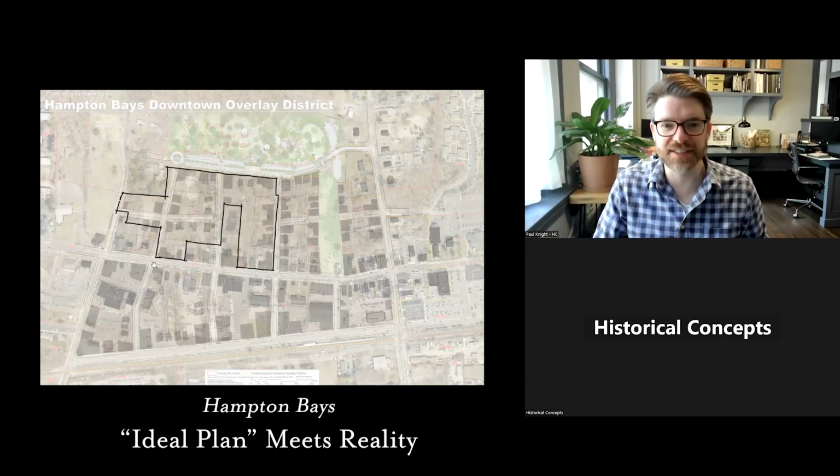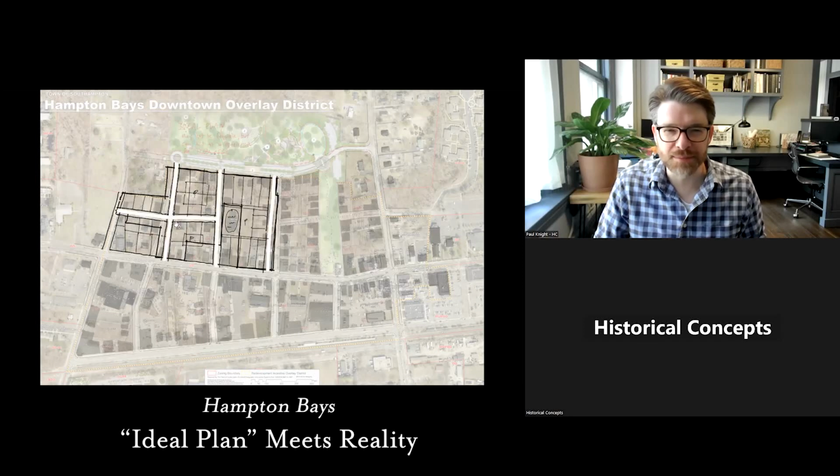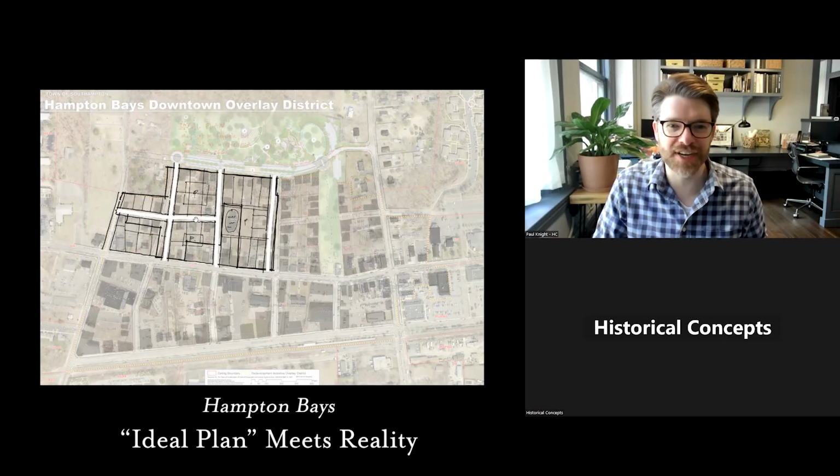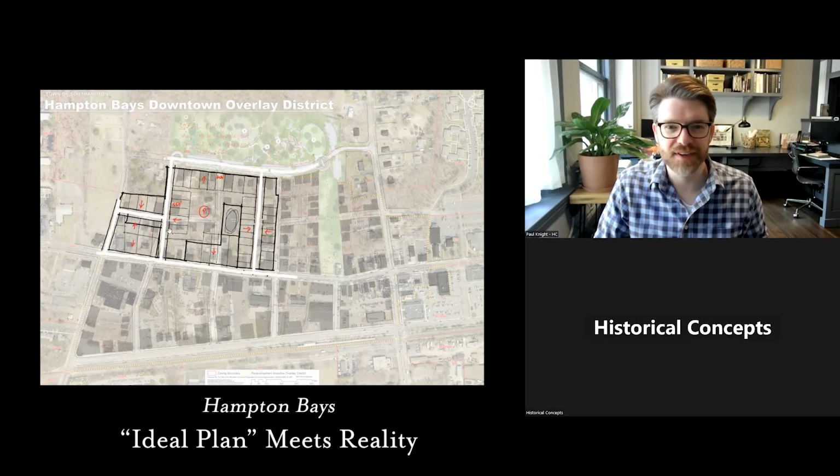But by having this ideal underlay, you can squint your eyes and ask, all right, what if we put a street here and one there, and what if this street actually slid over onto the property, and how would that parcel be subdivided at that point? Or this other option, what if we just had one street here and then one street here, drawing our arrows and thinking of fronts and backs.